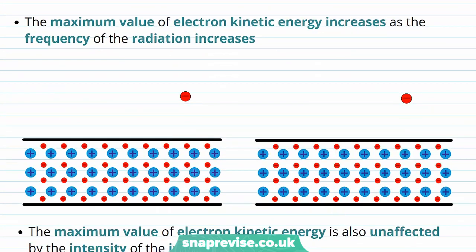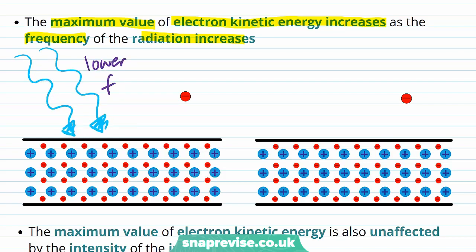So there was a range of kinetic energy values. And along with this, it was observed that the maximum value of electron kinetic energy increases as the frequency of the radiation increases. So here we might have some incident radiation of a low frequency, and it would be observed that this electron would have a low maximum kinetic energy value.